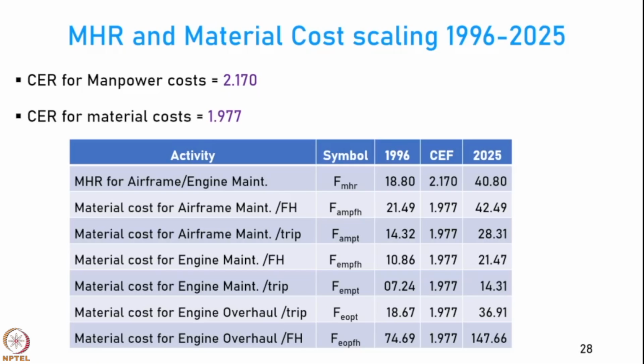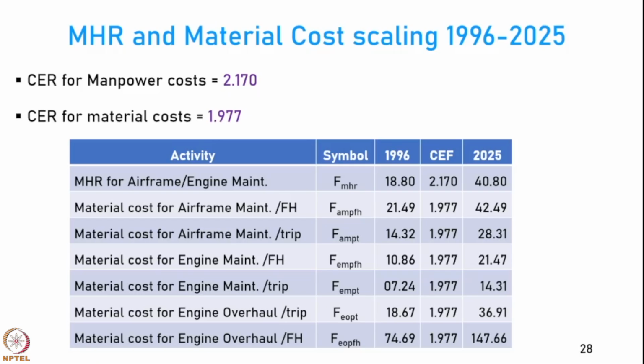So, what it means is that in 1996 the man hour rate was 18.80, but this number has gone up by 2.170 and now the man hour rate is 40.80. Okay. So, today when we do the maintenance, we will need $40.80 per man hour for airframe.